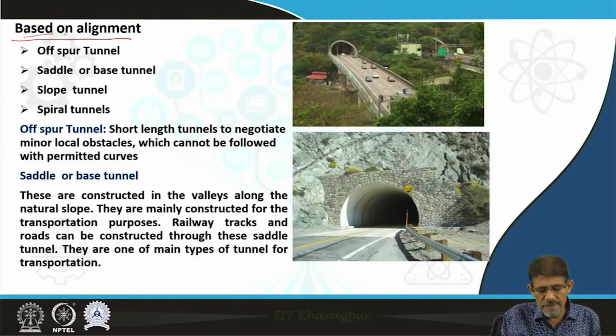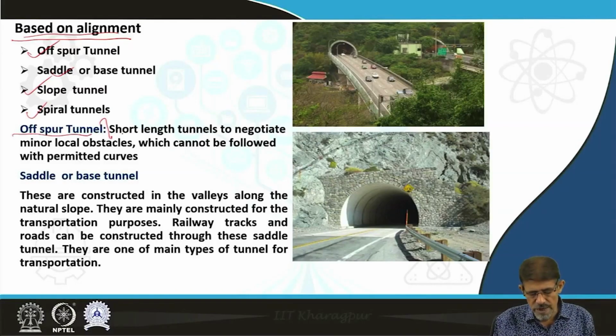Based on alignment, if we categorize tunnels on the basis of inclination of the structure, then we can divide the tunnels as off-spur tunnel, saddle or base tunnel, slope tunnel and spiral tunnel. Then what is the off-spur tunnel?